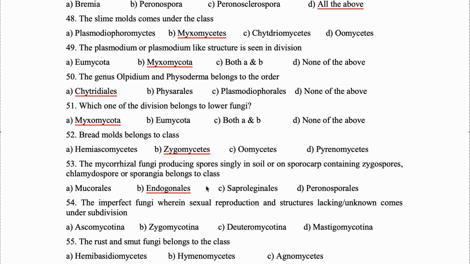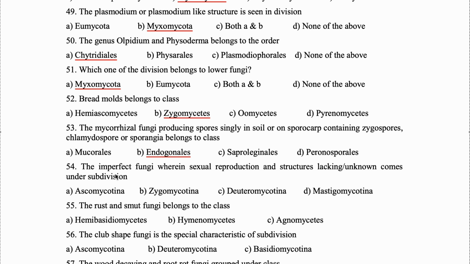We call it Endogone, which came recently in our ICAR AICE-JRF SRF PhD exam. So this is one of the statements that came in the exam. One commonly that we use is Glomus, and the second option was Endogone. So remember it. And the class, this is a kind of order that they have given in the options, Endogonales.